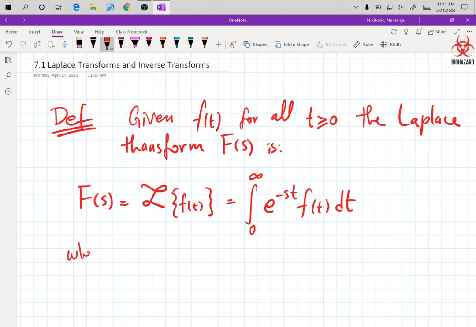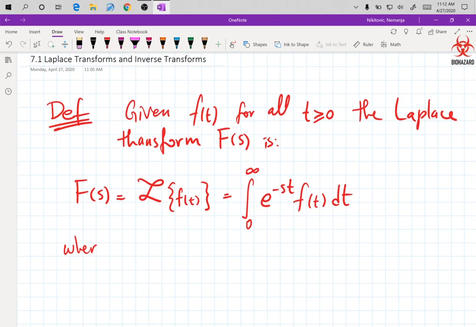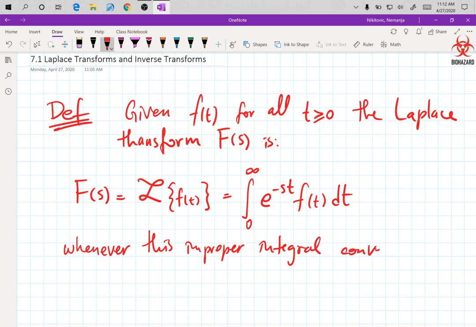Whenever this improper integral converges.